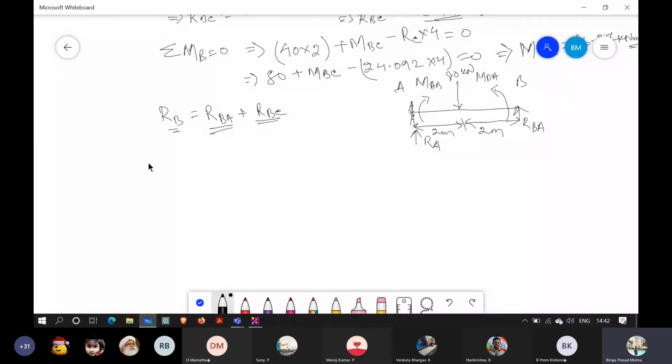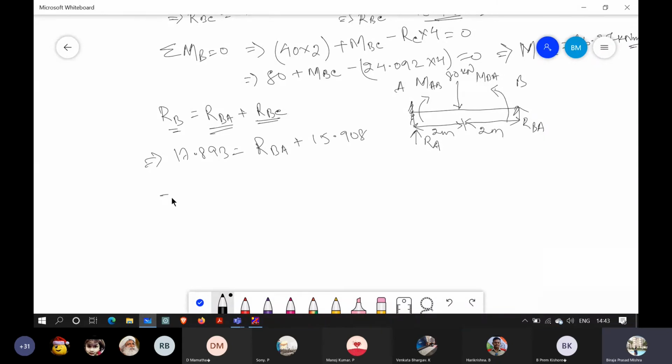So if you put the value, this implies 17.893 equals RBA plus RBC, which is 15.908.